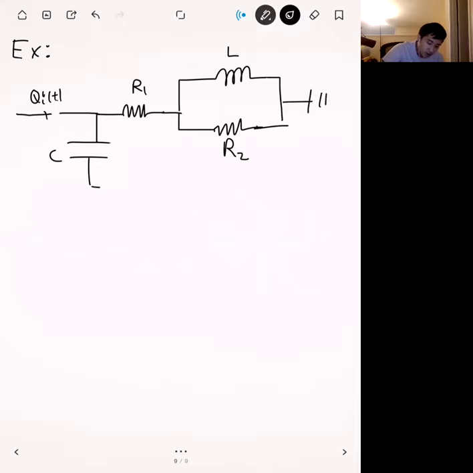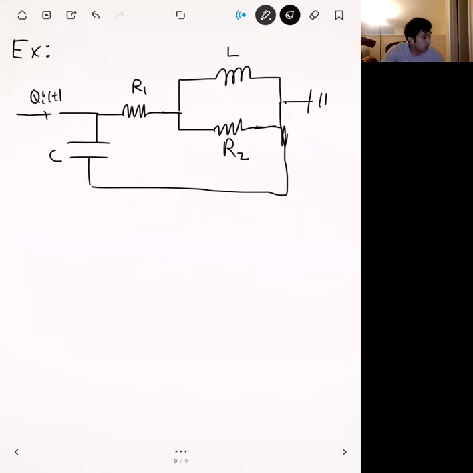This goes to ground, and this also goes to ground right here. Let me clean this up a little bit. The second end of that first capacitor goes to ground.